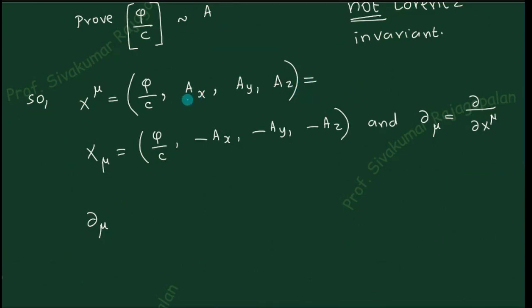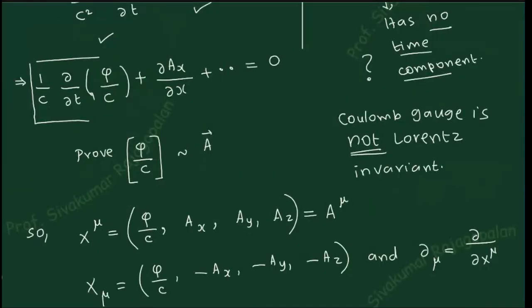But since physically speaking, all of them will have the same dimensions of the capital A. Capital A is what? Magnetic vector potential, right? So since we are talking about magnetic vector potential, it is better to say A mu instead of x mu. Okay, therefore I will now say that this is A mu. And the right hand side of the equation is 0, isn't it? That's important. This expression is 0.